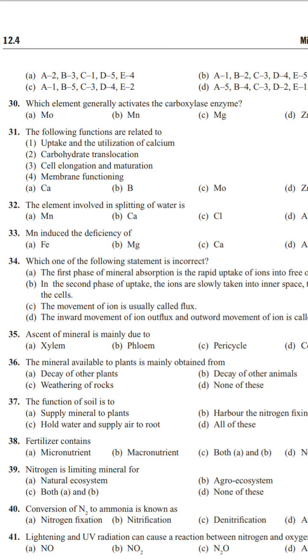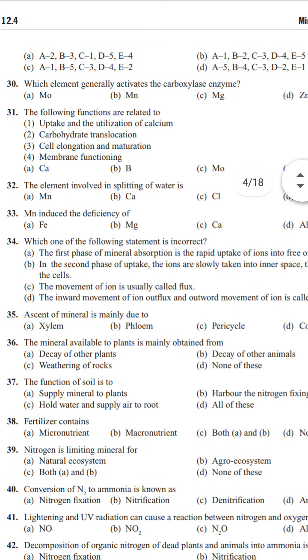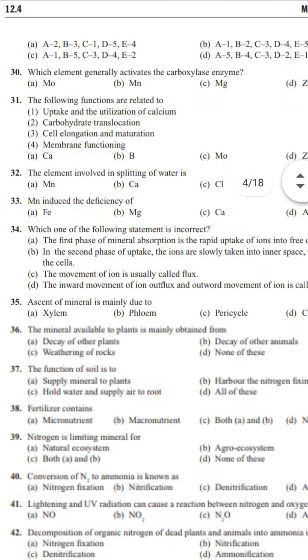Zinc activates the carboxylase enzyme. We had a discussion in the previous class. Plants obtain zinc in the form of Zn2+ ions. It activates various enzymes, especially carboxylases. It is also needed in the synthesis of oxygen. Understand? So now students, let us move to the 31st question.